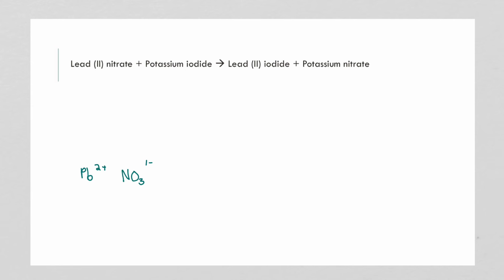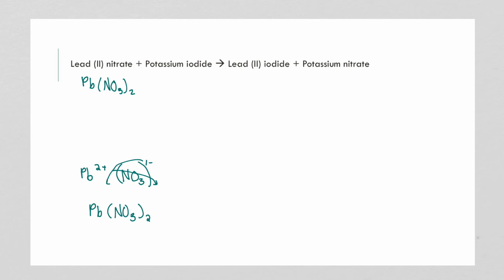So we know already that we're going to be crossing a 2 down. We're going to put brackets around the NO3, so the 2 is going to come down and go there. The 1 will cross over. So the formula is Pb(NO3)2. We're going to write that up here.